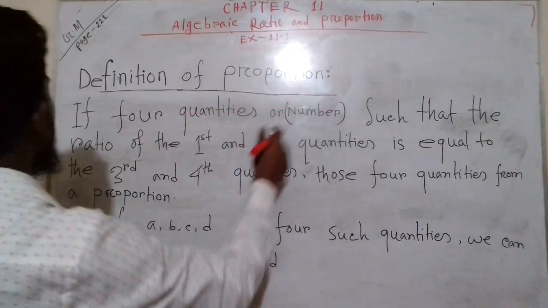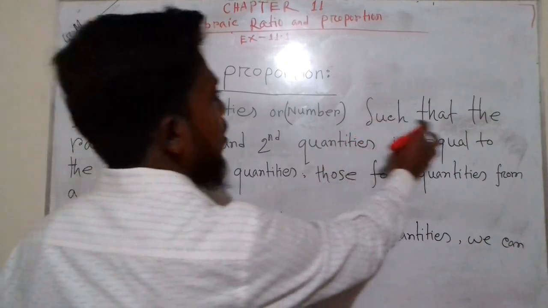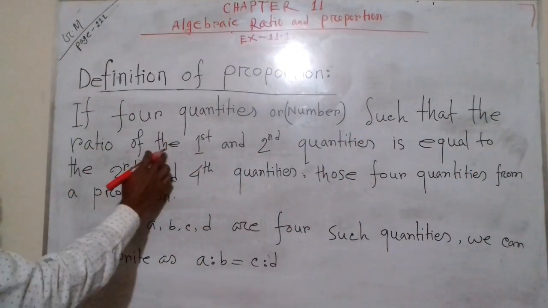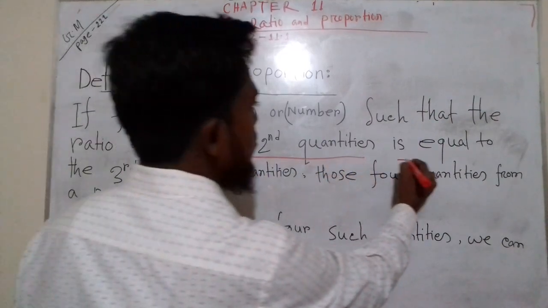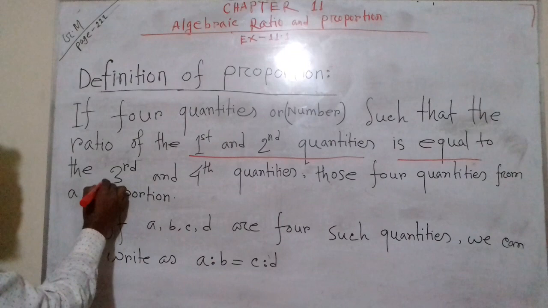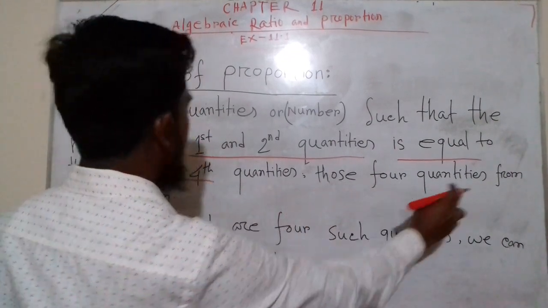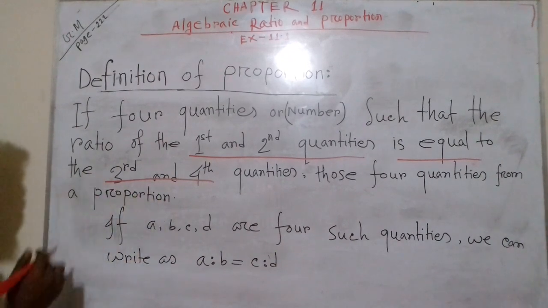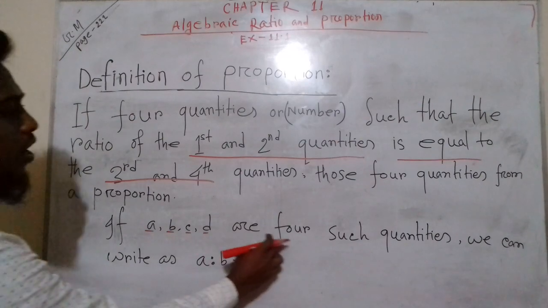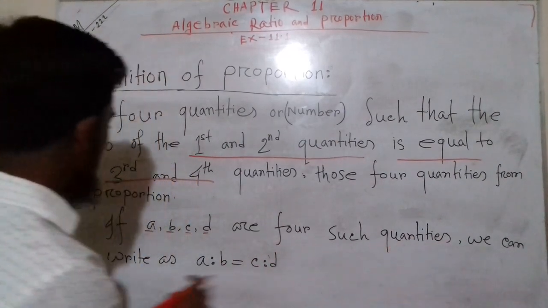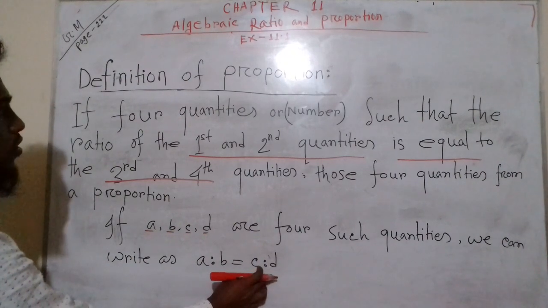Definition of proportion: if four quantities or numbers are such that the ratio of the first and second quantities is equal to the ratio of the third and fourth quantities, those four quantities form a proportion. If A, B, C, D are four such quantities, we can write A is to B equal to C is to D. This is the first quantity, this is the second quantity, this is the third quantity, this is the fourth quantity.